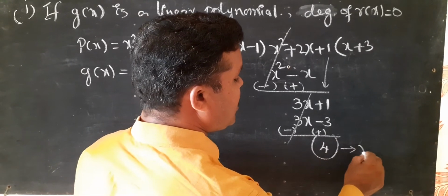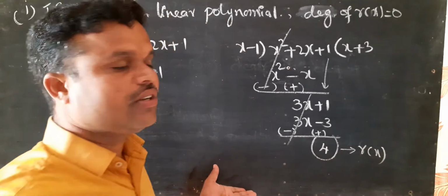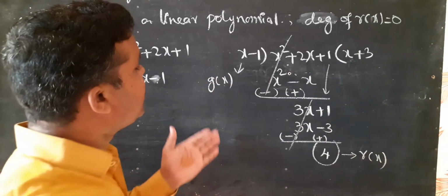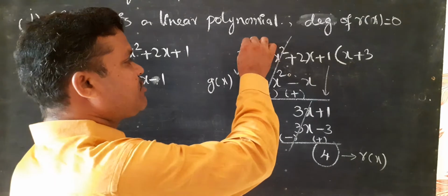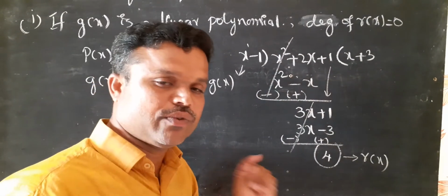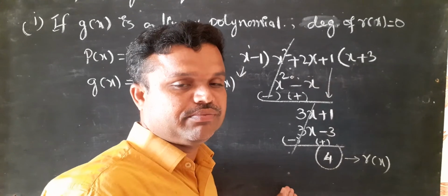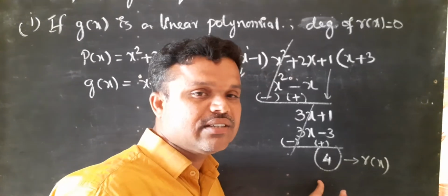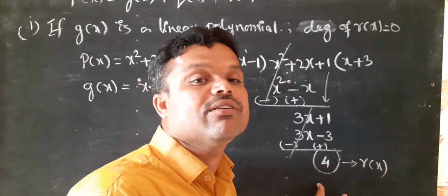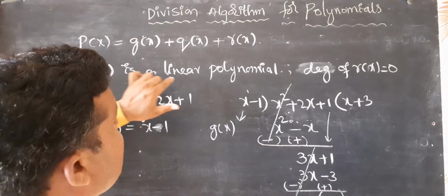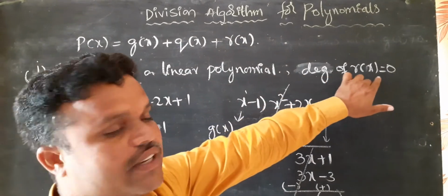This is known as r of x. So this is called g of x. Here the degree of g of x is 1, since the power of x is 1. So for r of x we got a constant term. Constant means its degree is 0. So by this we can understand that if g of x is a linear polynomial, the degree of r of x is 0.